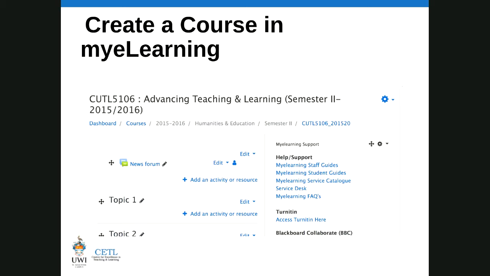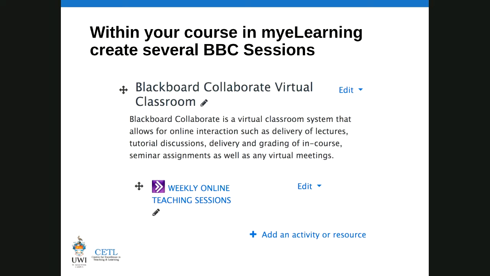When you get that shell, the next thing we suggest, if you want to have synchronous sessions with a large class, because the software, which is Blackboard Collaborate, would not allow for all, let's say if you have 400 students, all 400 students in one go, we suggest that within that course, in My Learning, you create several Blackboard Collaborate sessions where you will break up your class into groups and have different groups in each session.